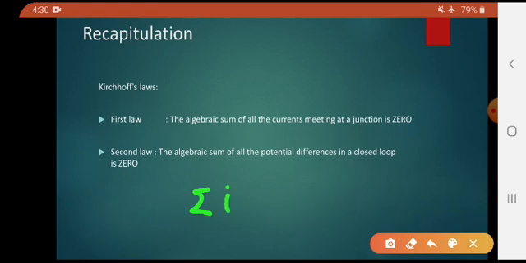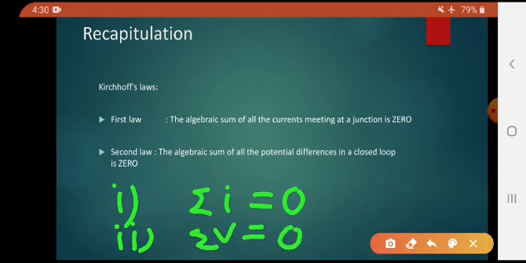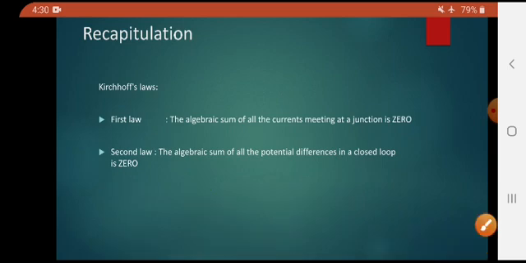So summation of I equals 0. This is the first law. And the second law is the algebraic sum of all the potential differences in a closed loop is 0. Summation of V equals 0. These are the two Kirchhoff laws.